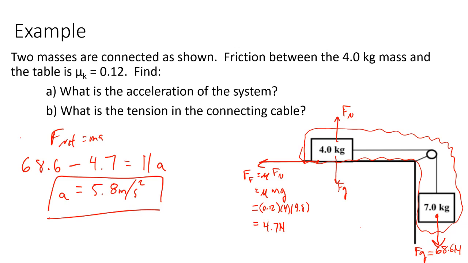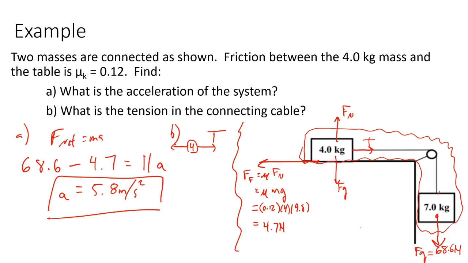Okay, that's for part A. In part B, I'm going to flip a coin for which mass I want to check out, and I'll say, okay, let's check out the 4 kilogram mass. So the 4 kilogram mass is going to have that tension from this cord pulling it to the right.